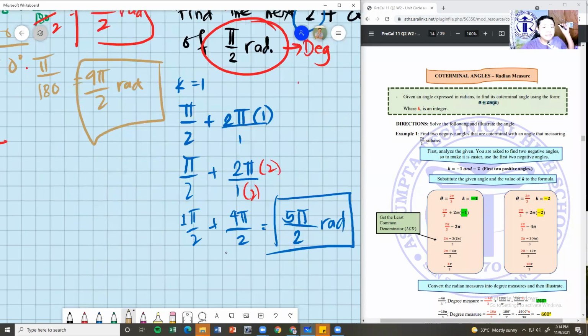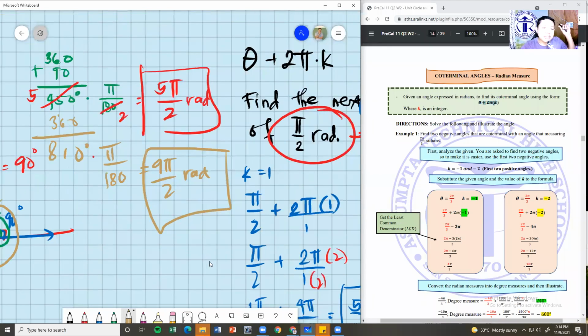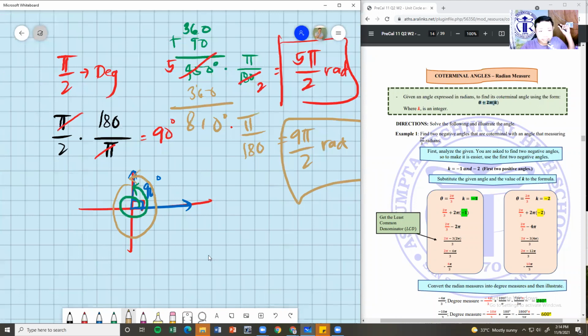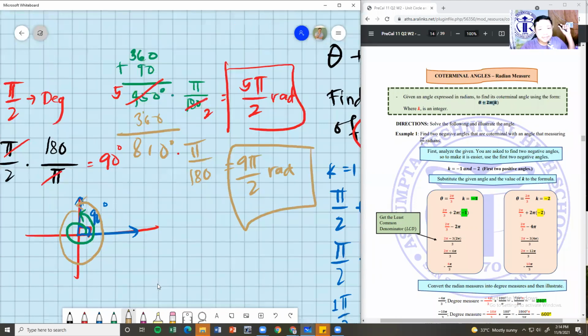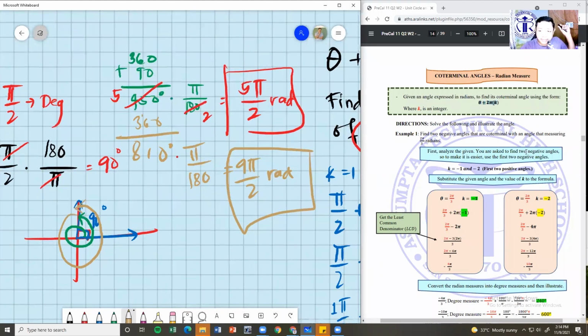That's it. So let me see. There you go. So that's it. It's your choice. Which is easier for you? Use the formula or convert and draw. That's it. So, sige nga, if I will be asking you, halimbawa, nag-e-exam na kayo, what do you prefer to use? Formula or convert and draw? Type it in the chat box, please. Sige nga, let me see. Which is easier for you?